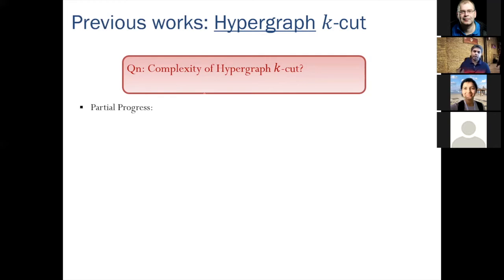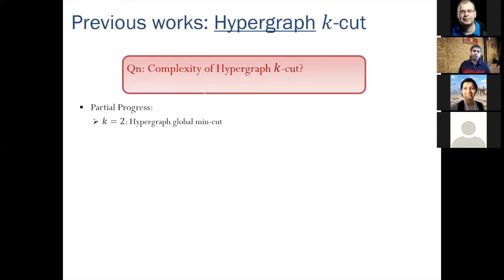Let me run through the partial progress to build some familiarity with this problem. The first interesting case of hypergraph k cut that you would like to solve is when k equals 2. This is the global min cut problem in hypergraphs. How can one solve global min cut in hypergraphs? Well, global min cut can be solved in hypergraphs if we can solve min-ST cut in hypergraphs.